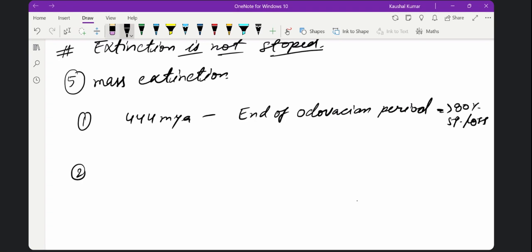The second happened 360 million years ago, in the late Devonian period.